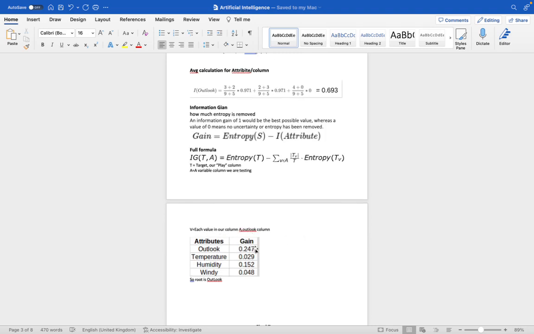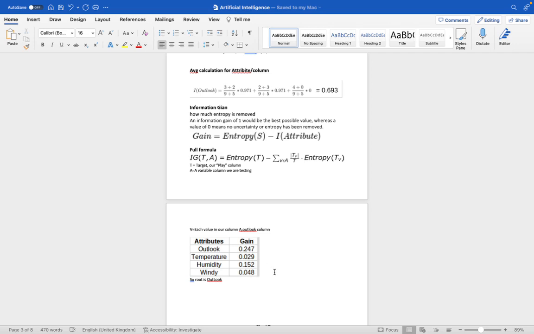When we apply this formula, we get the information gain. With this formula, we get that outlook is 0.247, temperature is 0.029, humidity is 0.152, and wind is 0.048.